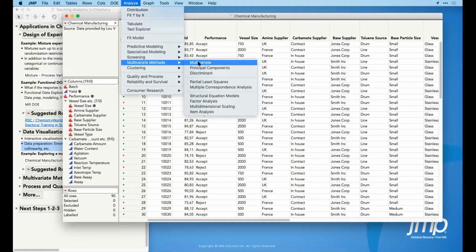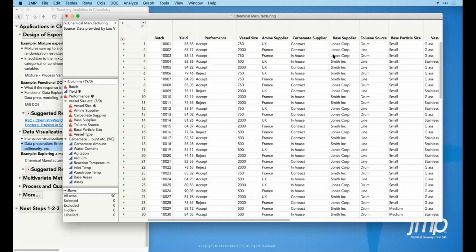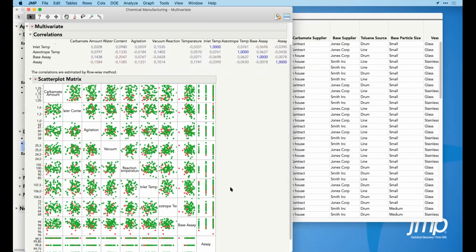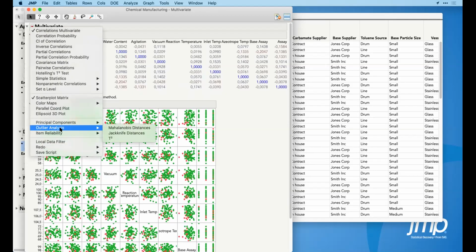And there's also the multivariate platform, which allows you to look at correlation between your continuous factors, and using this, we can also look at outliers.